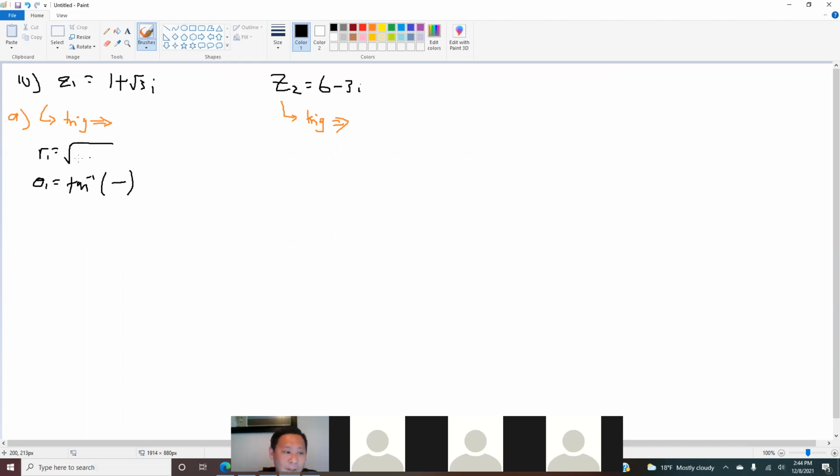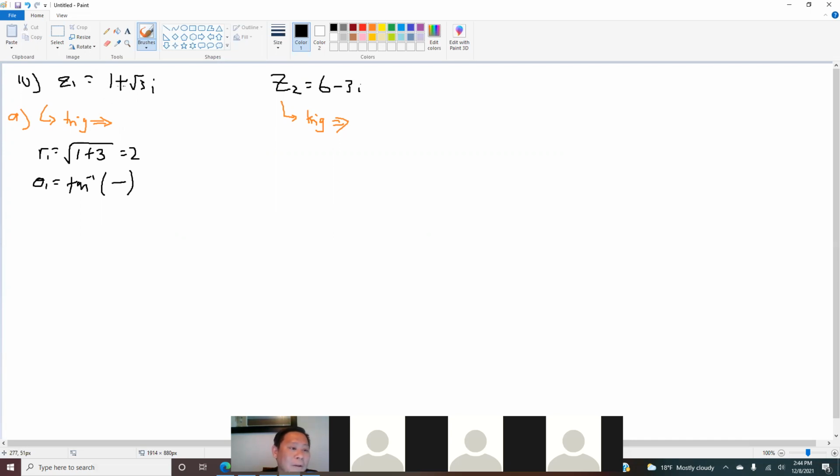Square root of 4. This a square is 1. B square, if you square this, is 3. This is a root 4. So in this case, it's just 2. So be careful with this. And it does have domino effects, means if your trigonometric form is wrong, whatever you do next is wrong. All right, how about theta 1?